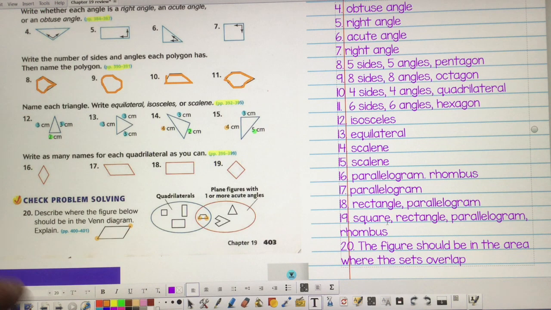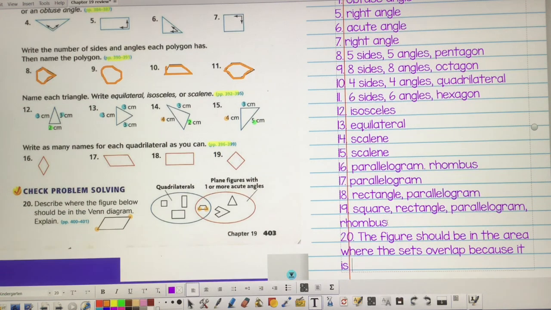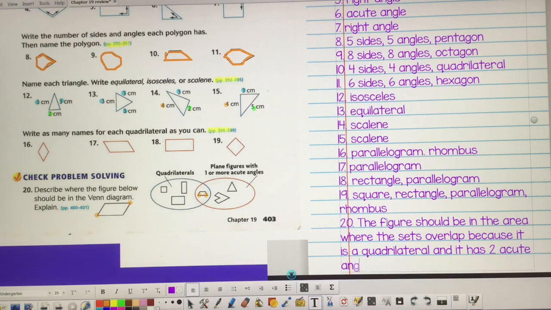And it says explain because it is a quadrilateral and it has two acute angles.